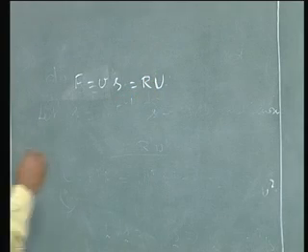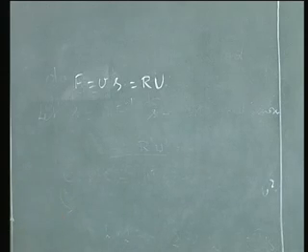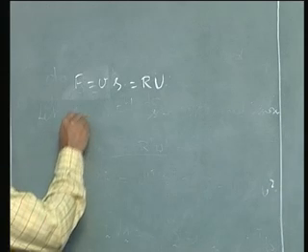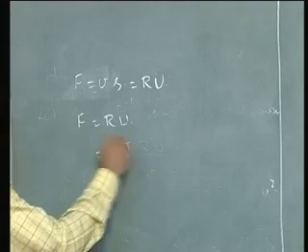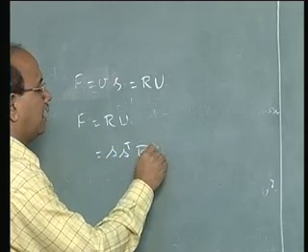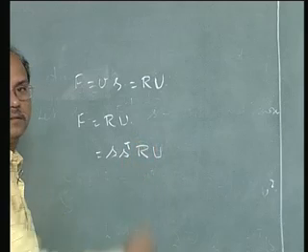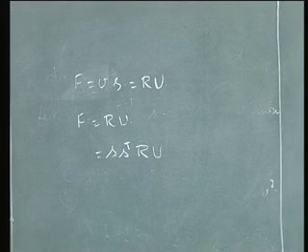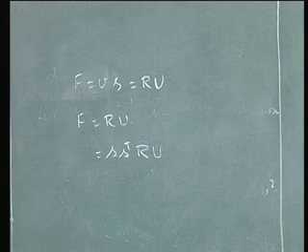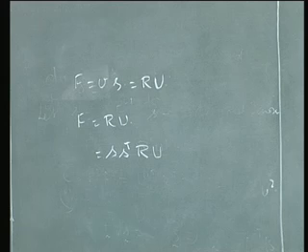It's quite simple. So let me say F is equal to RU, that's equal to S S transpose RU, S transpose RU, and then that is equal to I. Or you can in fact write it in a slightly different fashion.